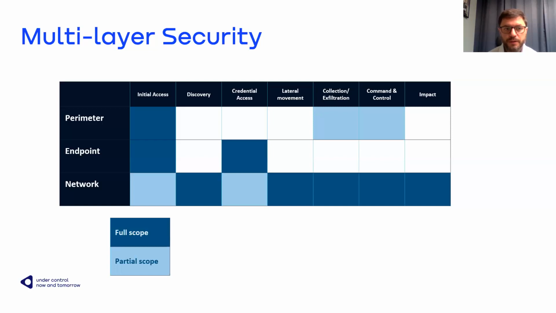The third layer is network communication analysis. Here we can see the communication in the network, no matter is it the communication from the internal network to the internet, is it the communication between the segments in the network, between the VLANs in the network.